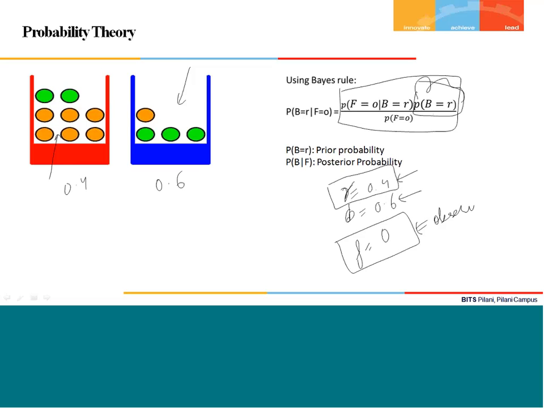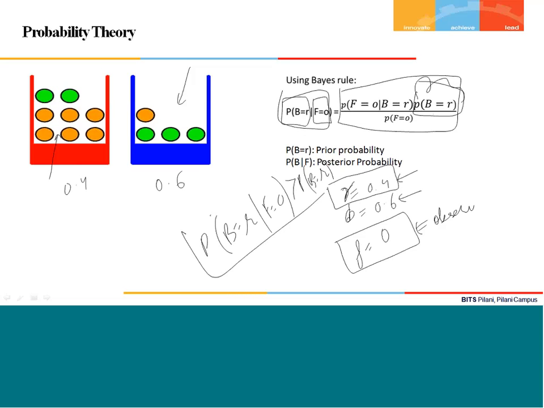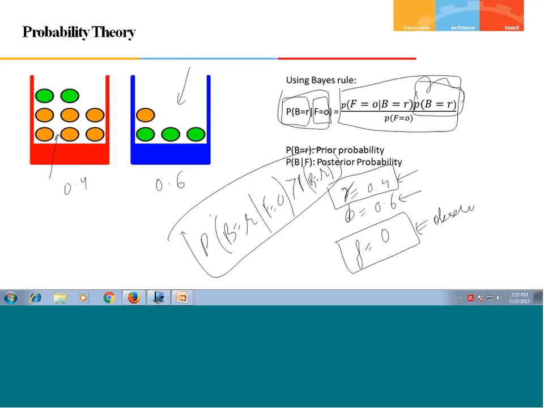And if you put this in an equation and solve it, after observing this orange, the probability that the box is red given the fruit is orange is greater than the probability that the box is red. So just solve it and let me know whether it was right or wrong.